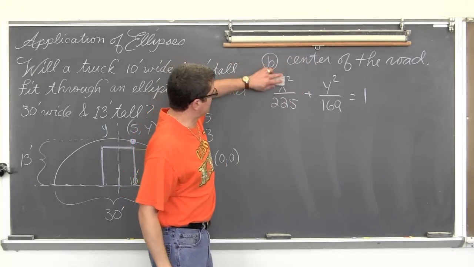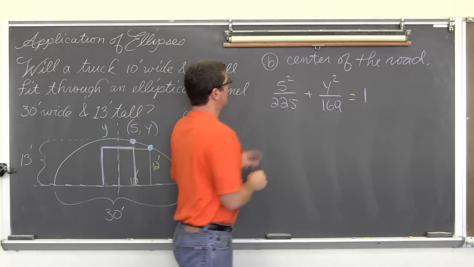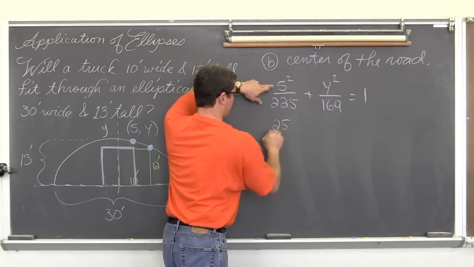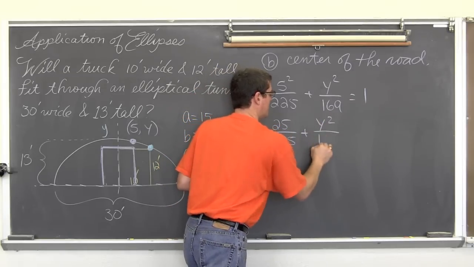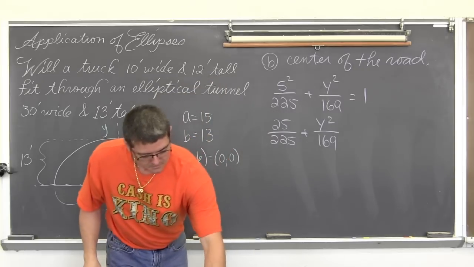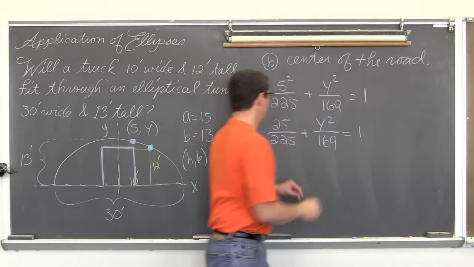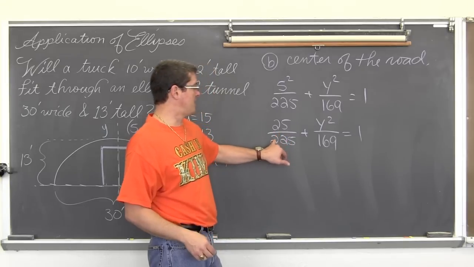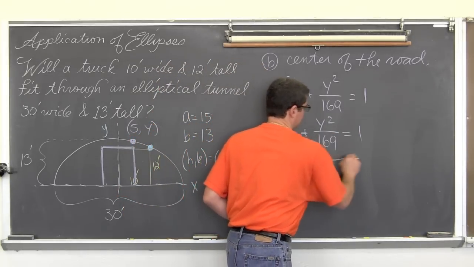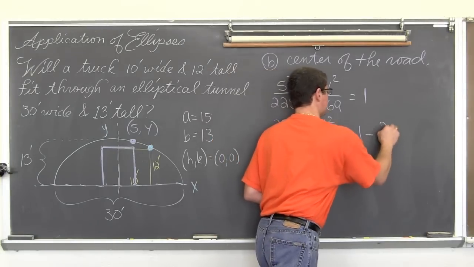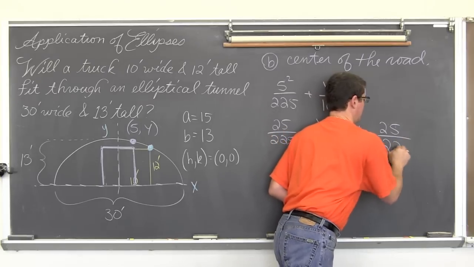We're going to take x out and replace it with 5 instead of 10. That's going to give us 25 over 225 plus y squared over 169. This time I went ahead and worked it in decimals. I'm going to bring the 25 over 225 and subtract it over to the other side. So that's going to become 1 minus 25 over 225.